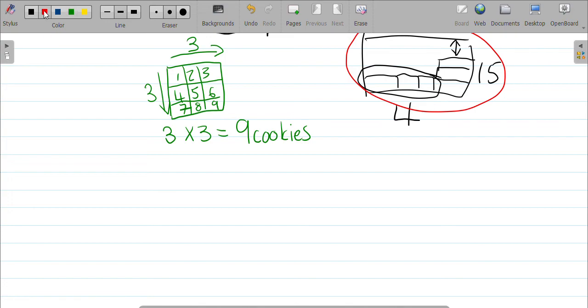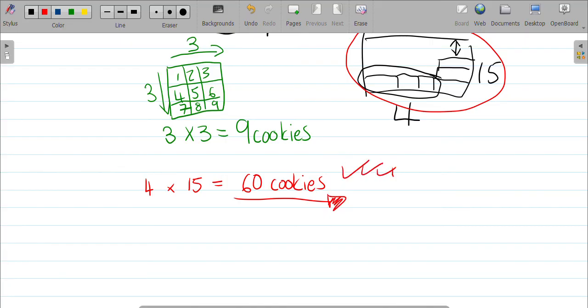So our final answer will be you take the 4 cookies along the length, times it by the 15 going along the breadth, and that is going to equal 60 cookies in total. Okay, so this is our final answer. 60 cookies. And that is all your full marks.